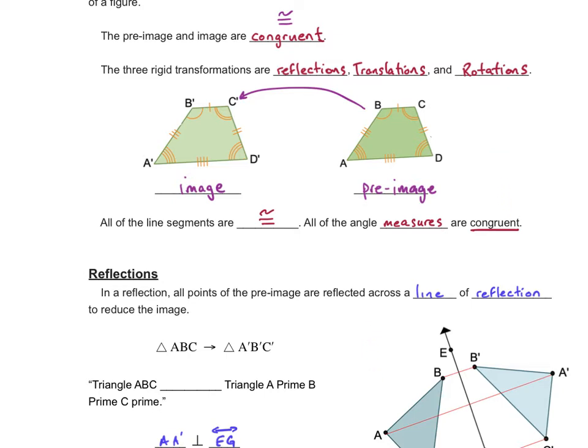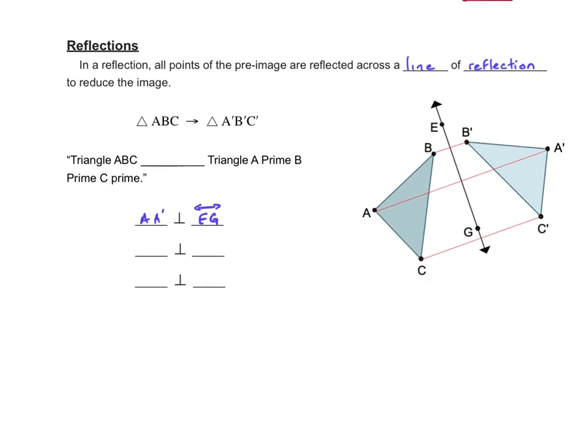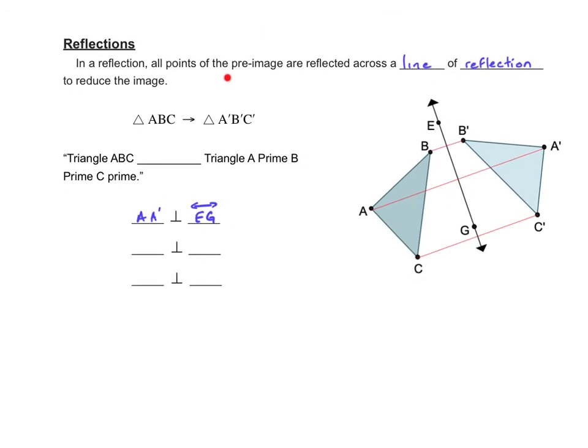So as we continue with reflections, in a reflection, all the points of the pre-image are reflected across a line of reflection to reproduce the image. That's a little bit of a typo, right? It says reduce, but it should be reproduce.